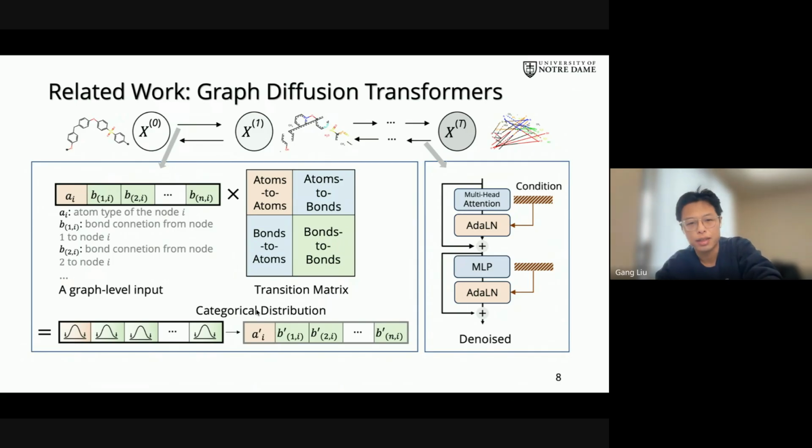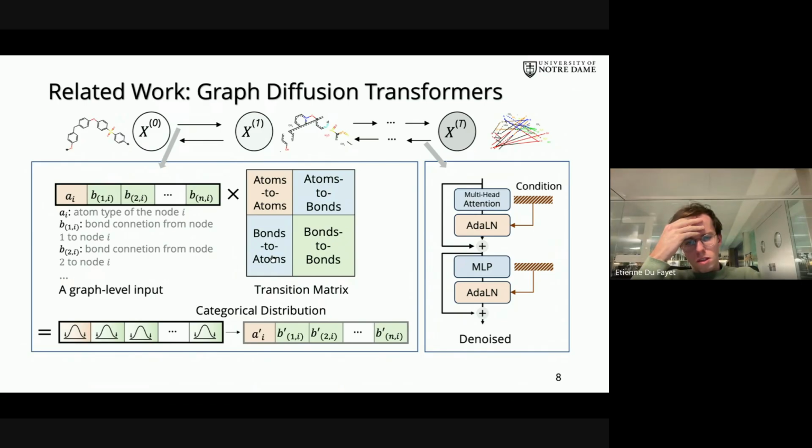Maybe 30, I think. So basically, it's 3 times 30. Okay, so basically you're masking the bonds that you can draw between atoms at each denoising step, or you're unmasking them. Basically, you're designing new bonds at each step.